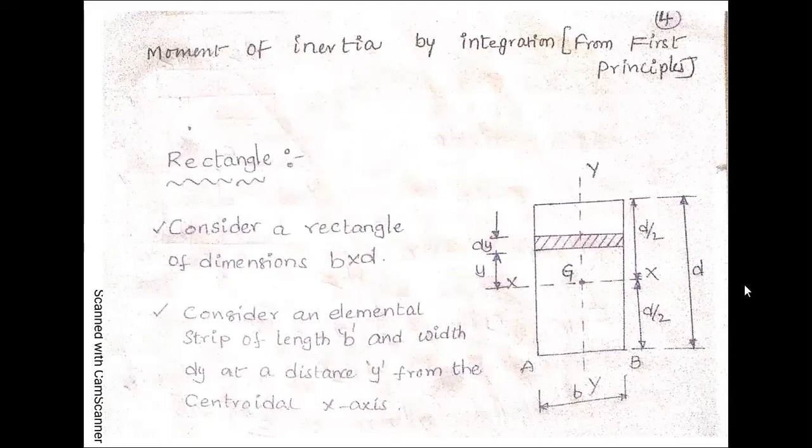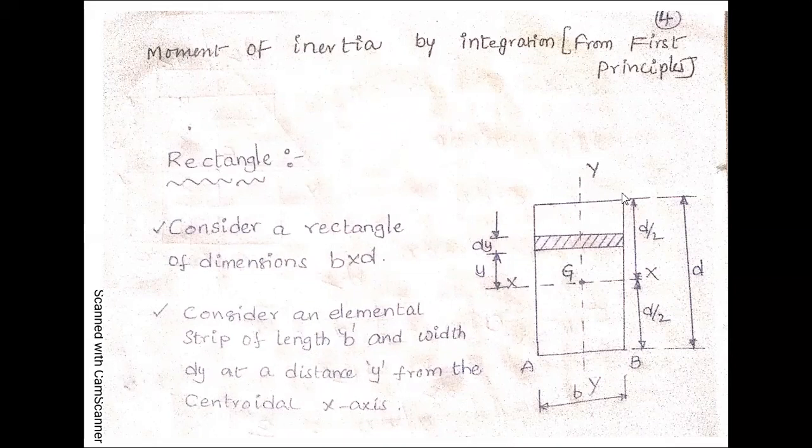To find the moment of inertia of this rectangle, let us consider an element. The thickness of the element is dy, and the length of the element is b. It is located at a distance y from the centroidal axis.